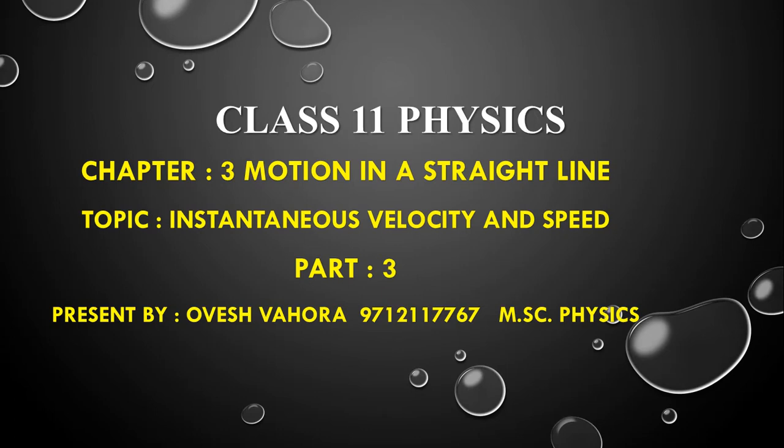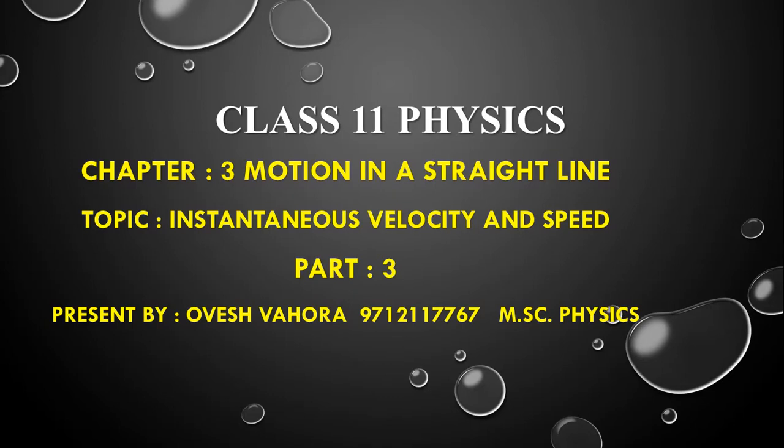A very small change in position, from x1 to x2, takes a very short time to change from one point to another. On that basis we discuss instantaneous velocity and also instantaneous speed.